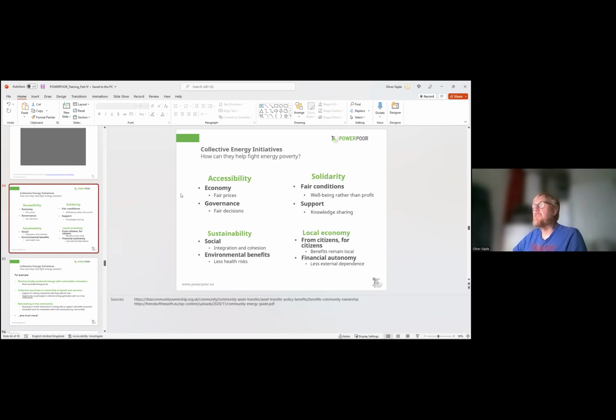Why would you do this, and why might a cooperative be a good solution? It creates accessibility at, let's say, a fair price. Usually participation in a cooperative isn't bank-breaking. It helps you to participate in the governance of the community with equal rights.